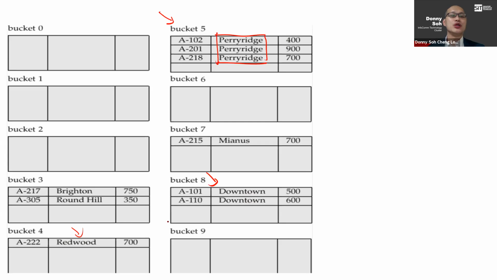Okay, which sometimes may make sense, because if let's say it is very common for me to query something based on, for instance, the county name, then they are physically stored in the same bucket, or even in similar buckets, and so the query will then be faster and more efficient. Okay, let's look at the next slide.